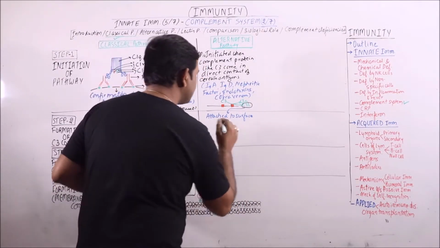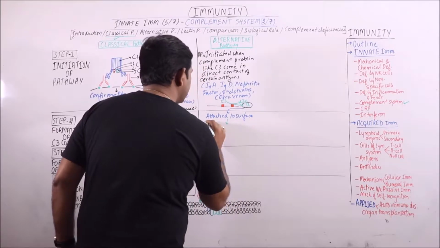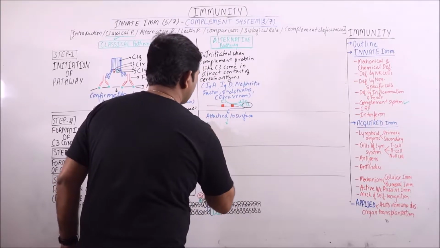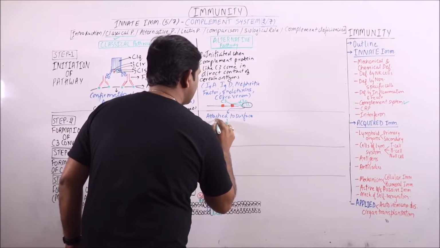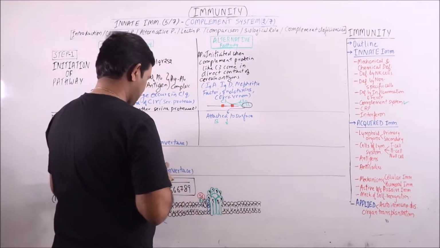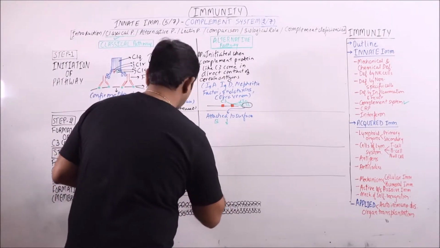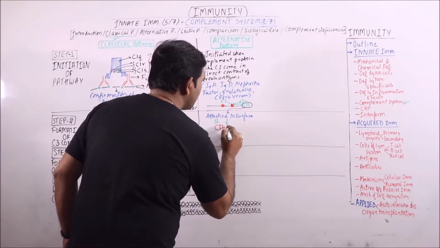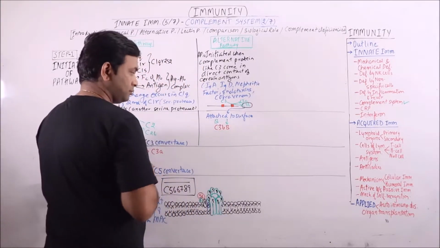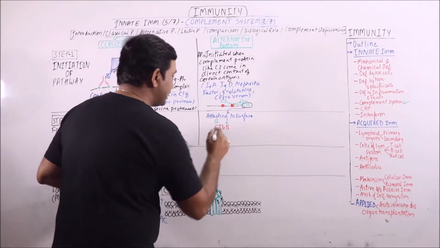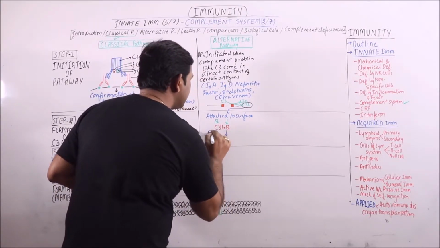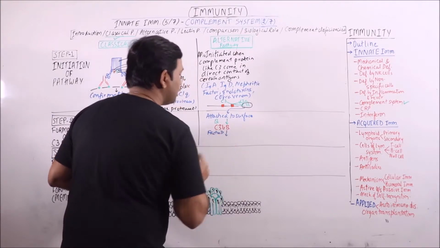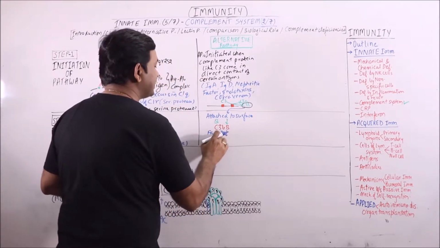Then, in the presence of another protein, factor B, it becomes C3bB. Then in the presence of factor D, it undergoes spontaneous lysis.